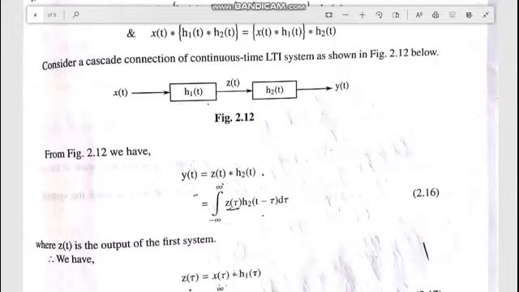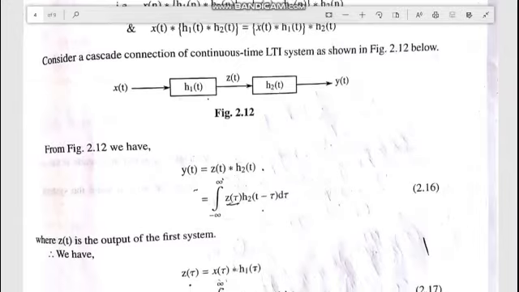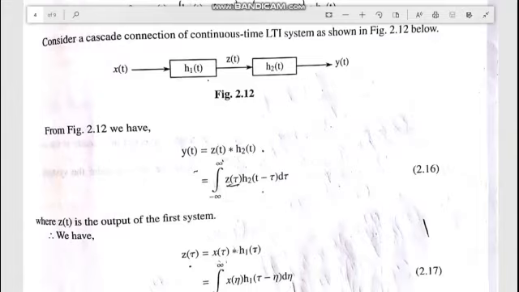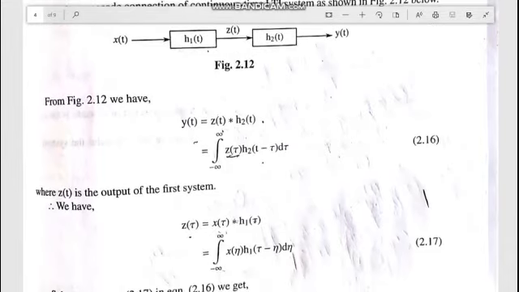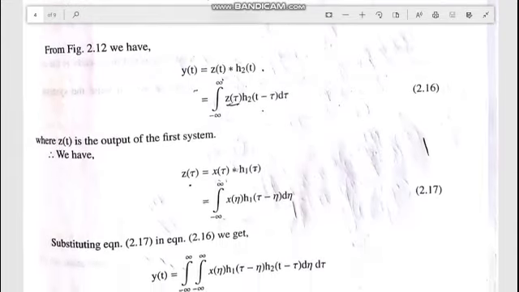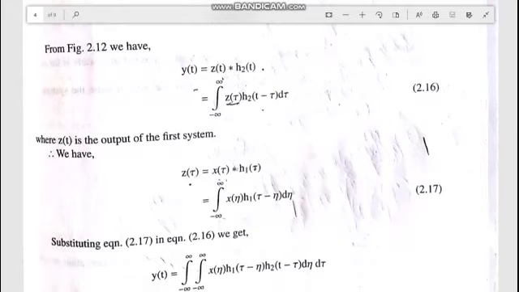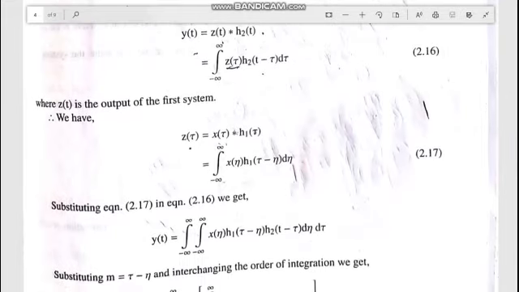Since it is a continuous time signal, it is written as the integration from minus infinity to plus infinity of z of tau, h2 of t minus tau, d tau. As we have done in the previous property also, you can write that z of tau is equal to x of tau convolved with h1 of tau, which is the integral of x of eta, h1 of tau minus eta, d eta.